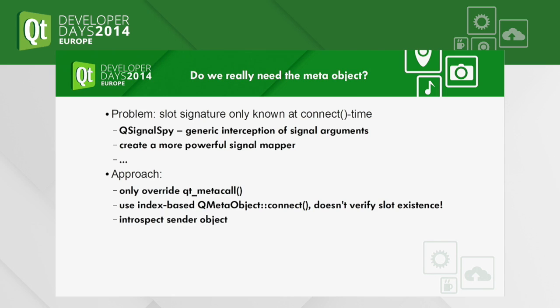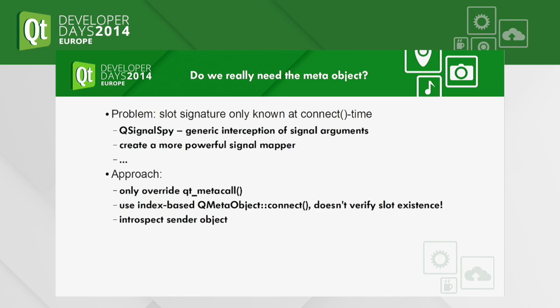The problem is, at the time of connect, we are notified about this, so we can't add a matching slot to our QMetaObject in time for this to work. And connect checks if there is a corresponding slot that actually is compatible, right? Otherwise it fails.